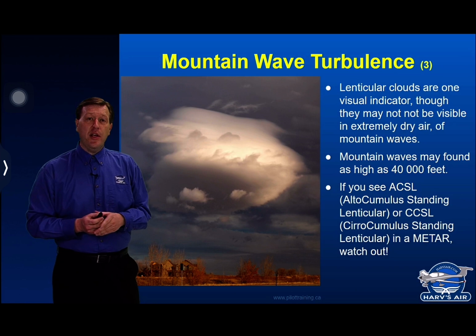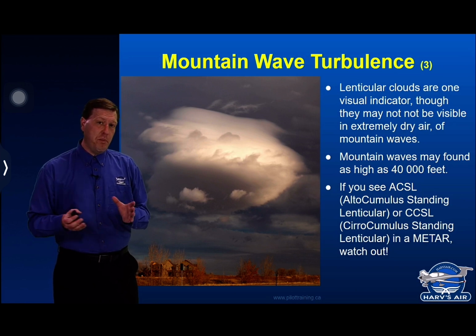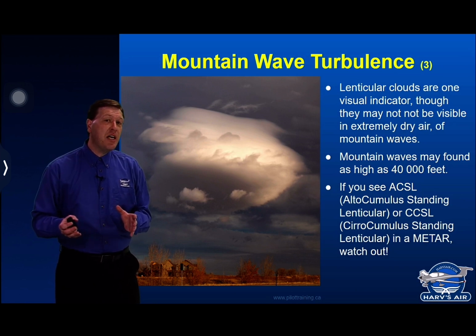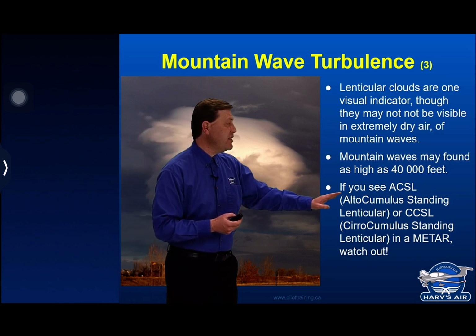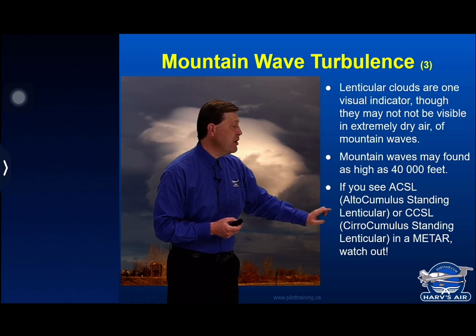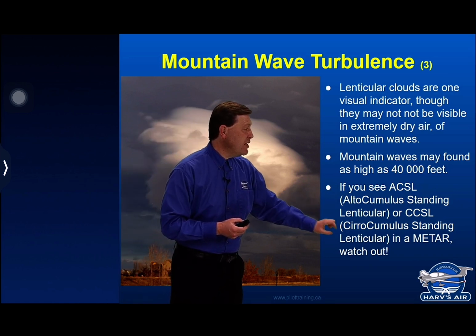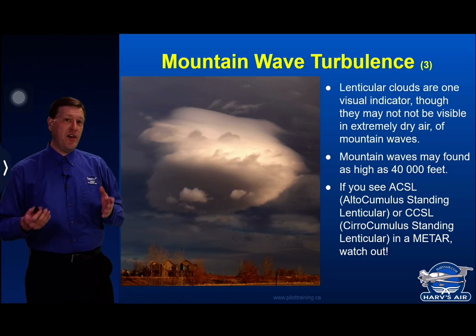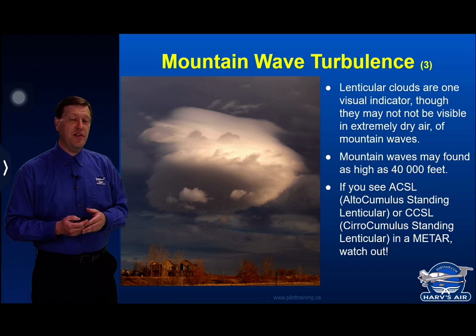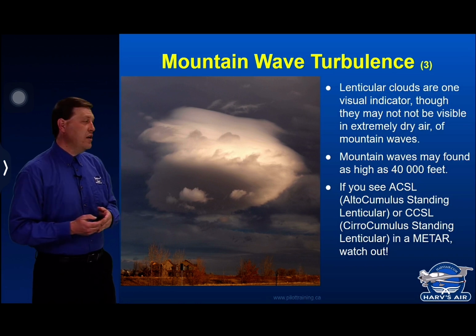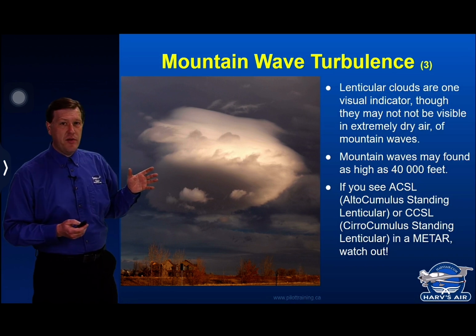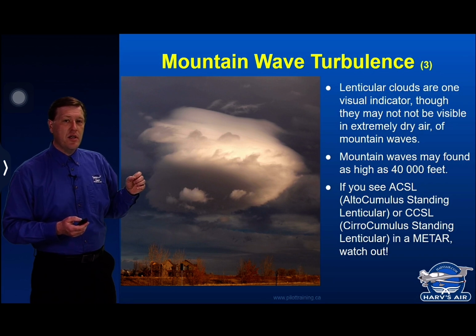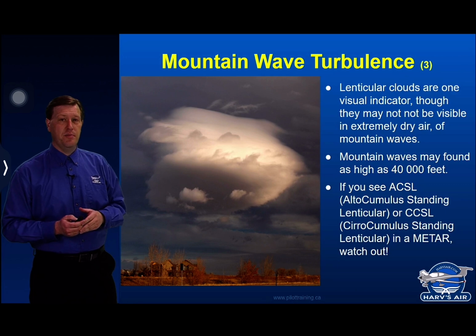Now, if you see a METAR that reports either ACSL, altocumulus standing lenticular, or CCSL, cirrocumulus standing lenticular, then you know that mountain wave activity is definitely occurring. At the high levels, okay, yeah, we've got mountain waves going on. At the low levels, that could be trouble for sure.